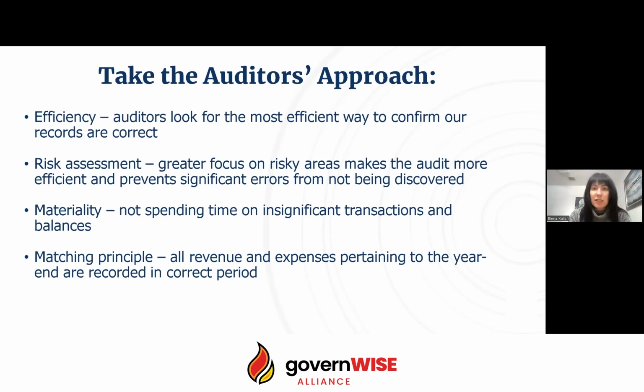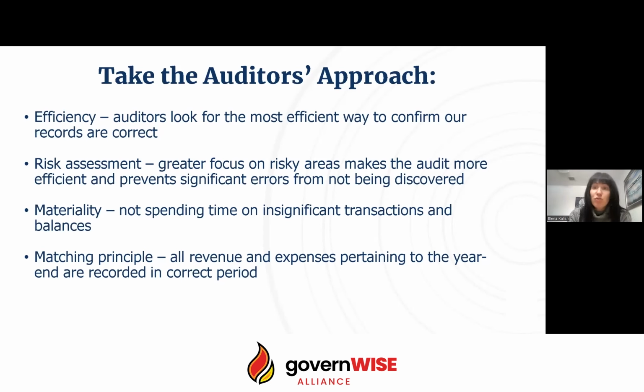So when we say risky, it doesn't mean it's risky because there can be misappropriation or not good business or something like this. Risky from the audit perspective means there is a greater chance of error, a greater chance of something being inaccurate in that area. So what the auditors do is they review our records and they go, okay, which areas are the riskier areas, and we're going to spend more time in there.